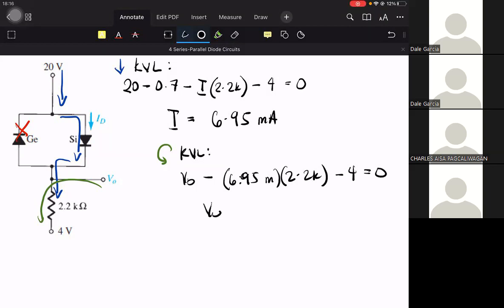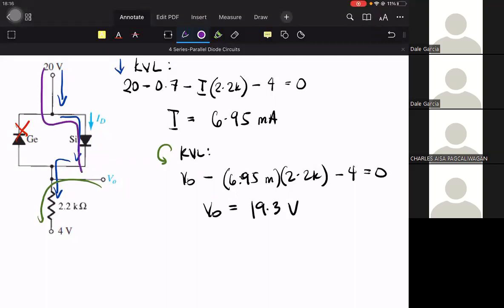Therefore, VO is equal to 19.3. Okay, so makes sense. So VO is 19.3. You could solve for VO and put in this direction.